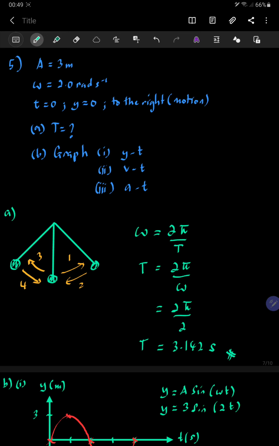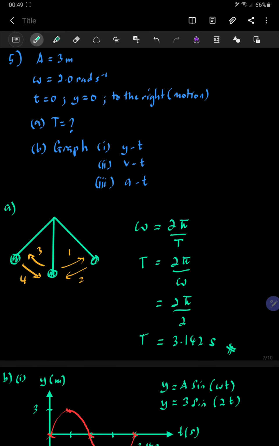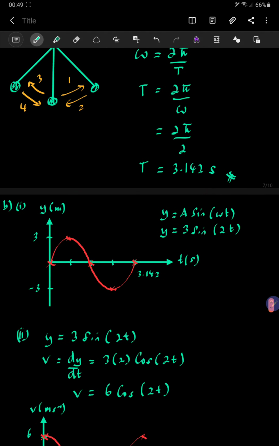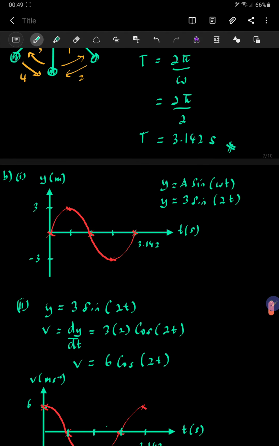Okay, next they ask you to sketch a graph of y against t, v against t, and a against t. Alright, so y against t. As we know, the equation is y equals A sine omega t, which is y equals 3 sine 2t, because omega given is 2 and the amplitude is 3.